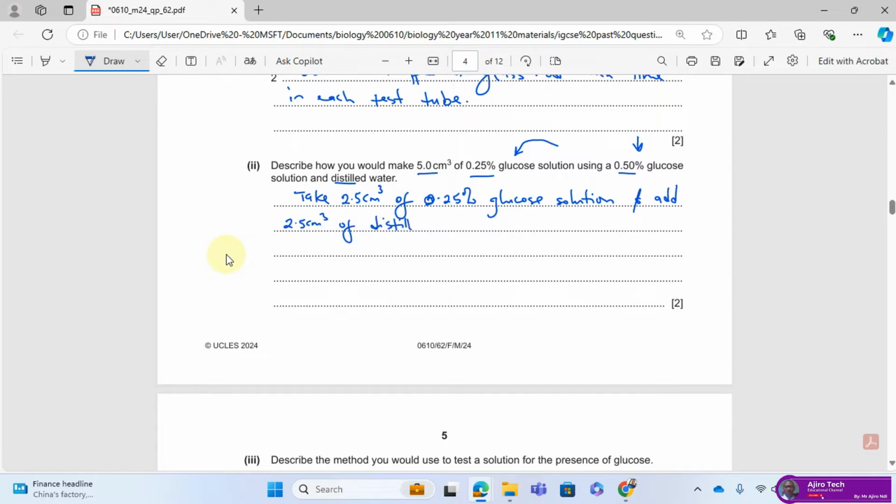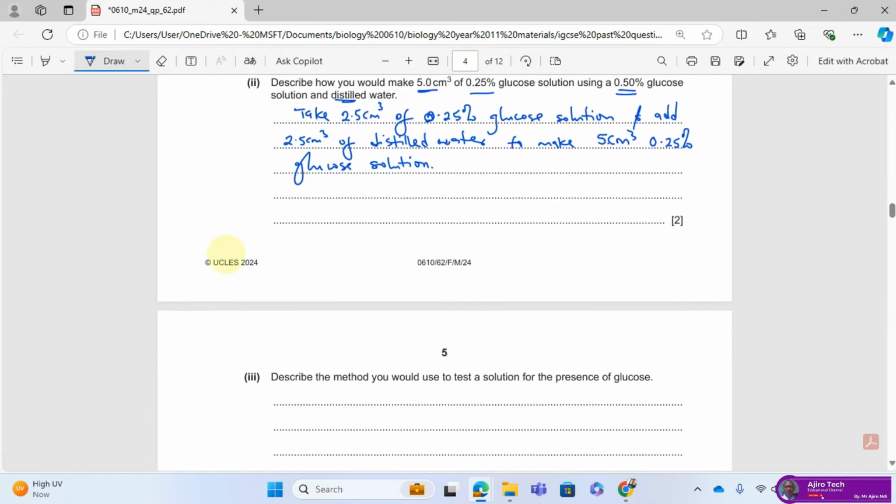Distilled water. With this you make 5 cm cube of 0.25% glucose solution. So half of the original 0.50 glucose will be made with half of the 0.5 and distilled water.